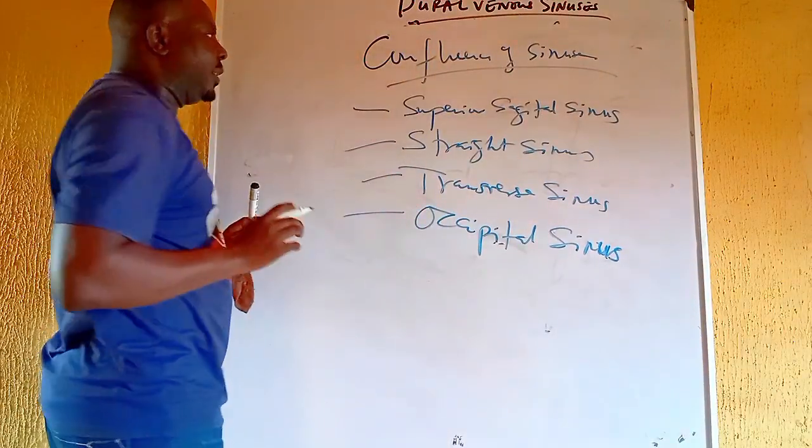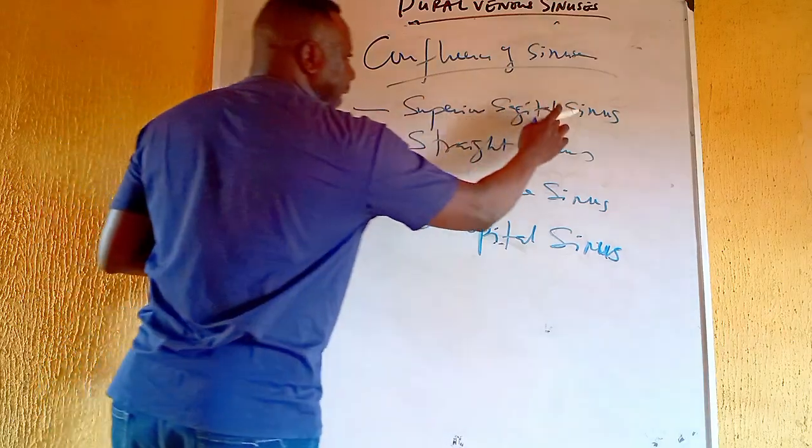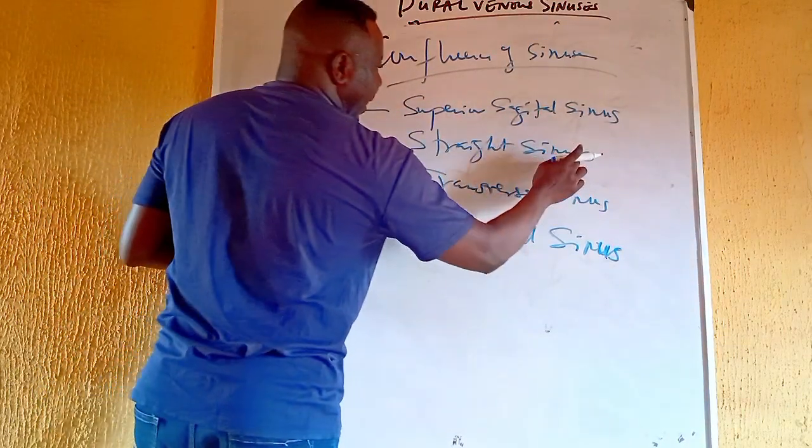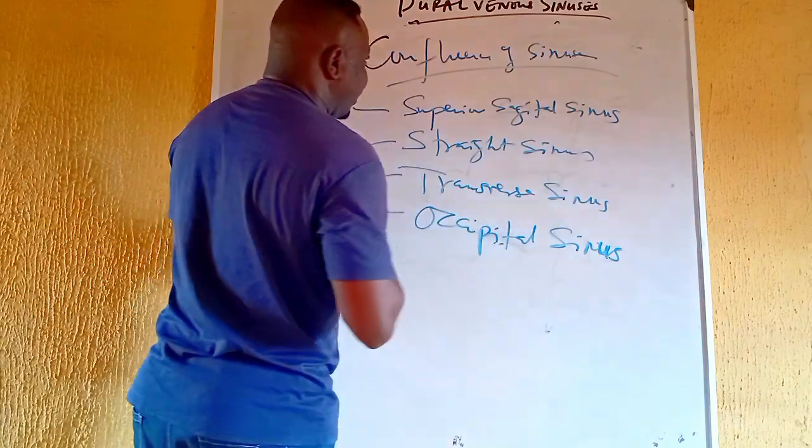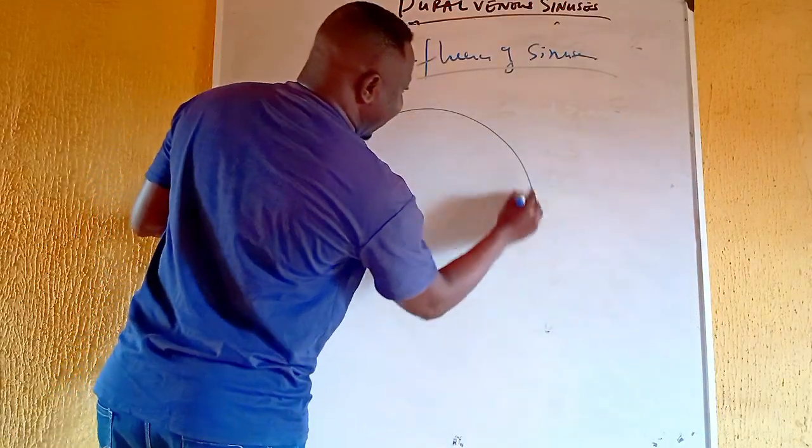So the confluence of sinuses consists of the superior sagittal sinus, the straight sinus, the transverse sinus, and the occipital sinus.